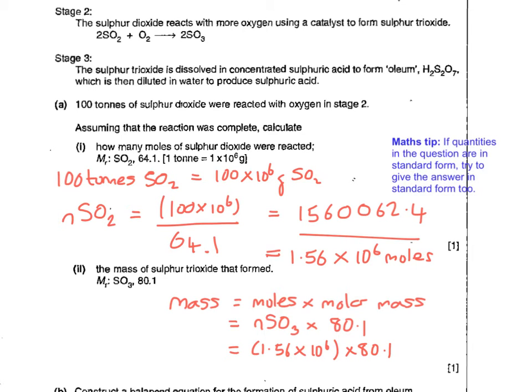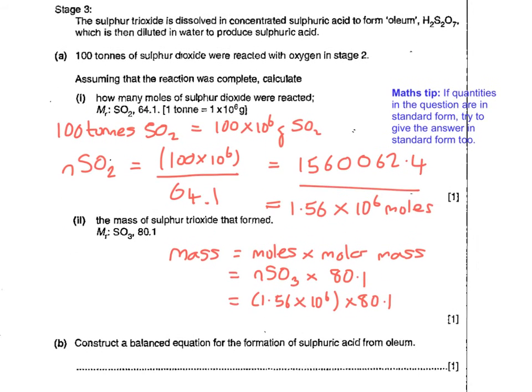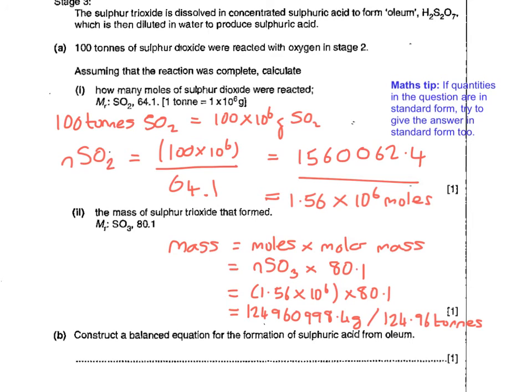So I've got to bring the page down just to complete that calculation. So that gives me 124960998.4 grams, which is converted to 124.96 tons. Don't forget again that they were talking about tons at the top, so it might be an idea to quote your answer in tons.